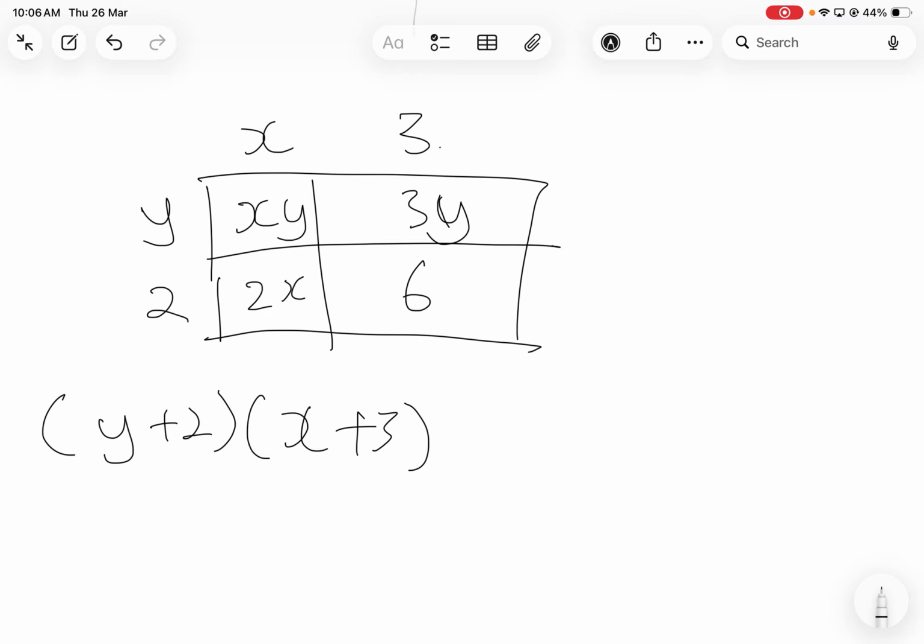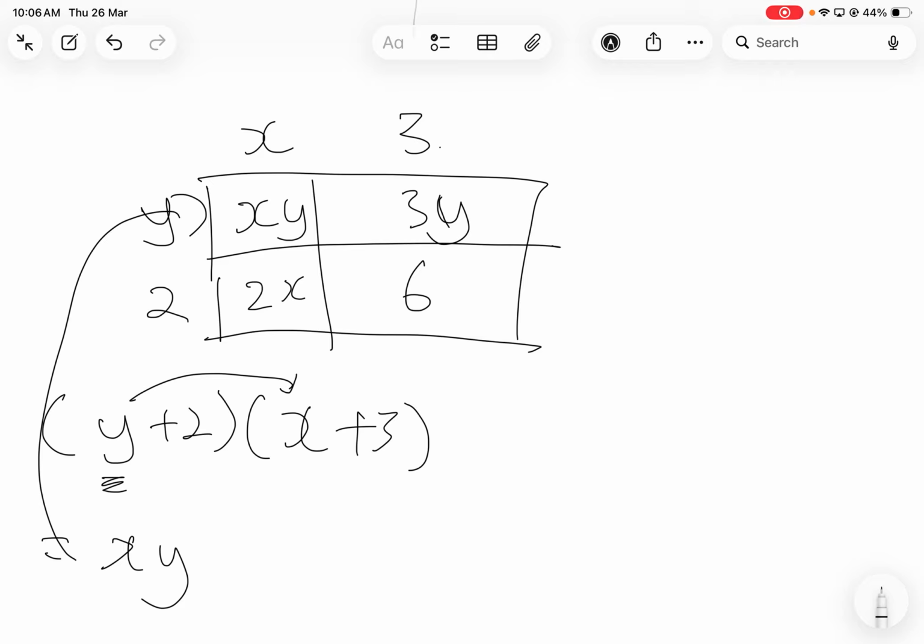I take this y, multiply this x. Then this portion comes from, I take this y, multiply by this 3 to get this portion. So that is the same as I take this y, I multiply by x to get my first portion here.